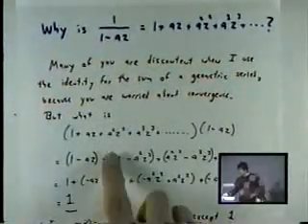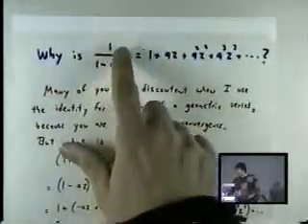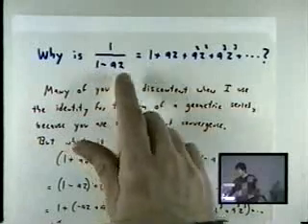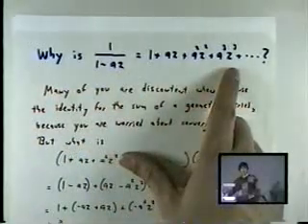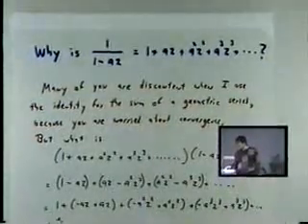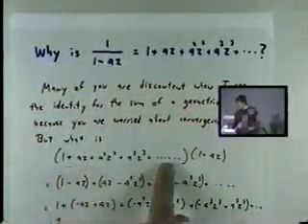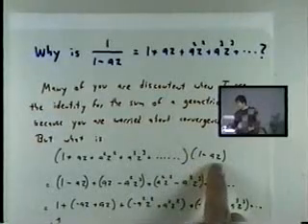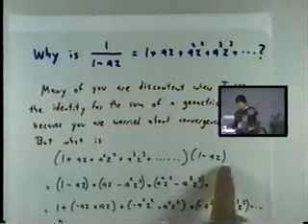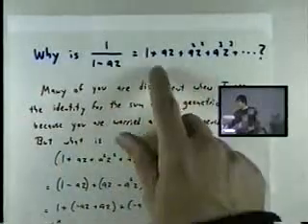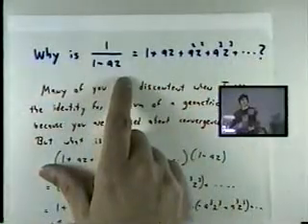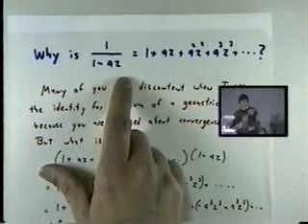I claim that 1 over (1 minus alpha z) is equal to this power series. Why is that? Well, look at the following. What is that power series times (1 minus alpha z)? If this identity holds true, what should it be? 1, right?